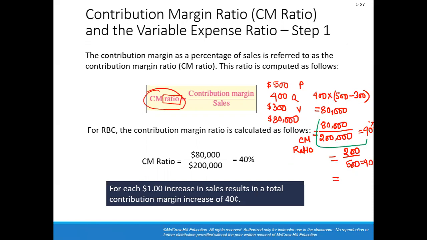You see on this part, for $1 of sales, I'm getting 40 cents of contribution margin. Or for 1 taka of sales, I'm getting 0.4 taka or 40 paisa as contribution margin.